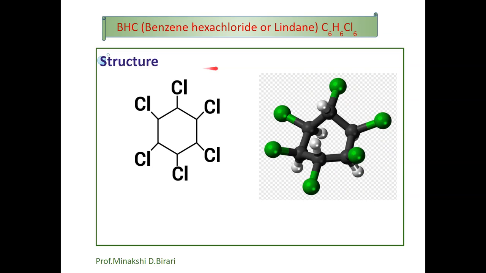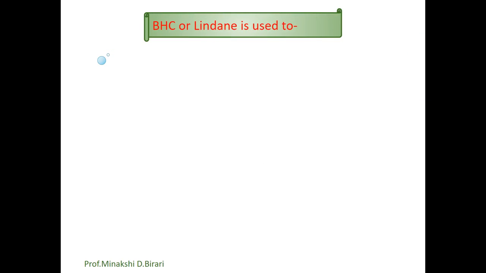It possesses 5 main geometrical isomers, and these isomers are separated from one another or can be separately prepared. The insecticidal property is found only due to the presence of the gamma isomer, so it is also called gamexane. Now BHC or lindane is used for various things.